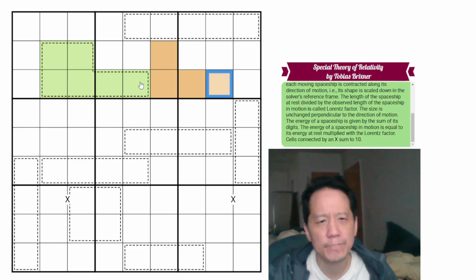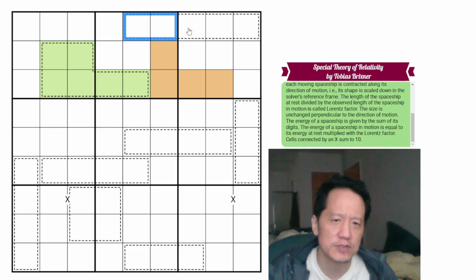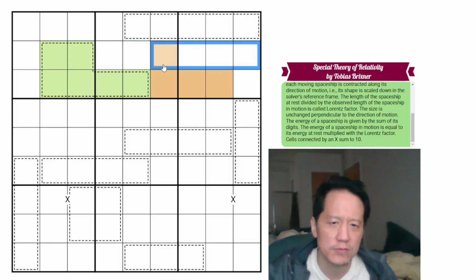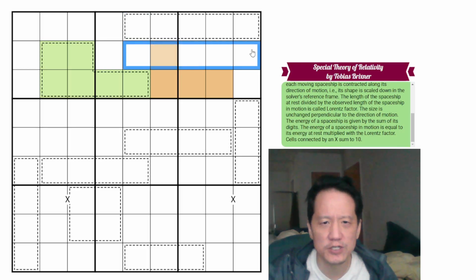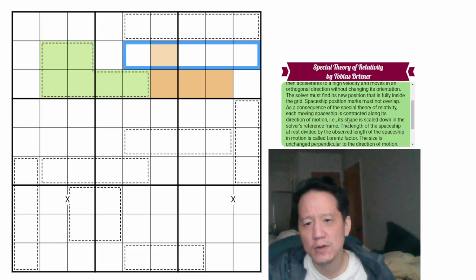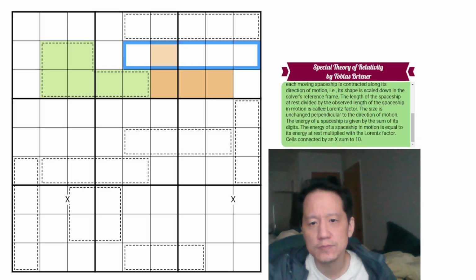But what happens here if you have one? If this is one and it goes this way, does it become 0? Because it would have to shrink, but it can't shrink this way. Maybe that's part of how you solve it. Anyways, let's continue.